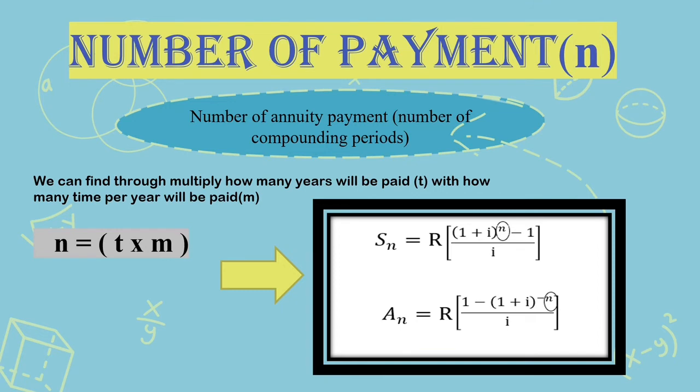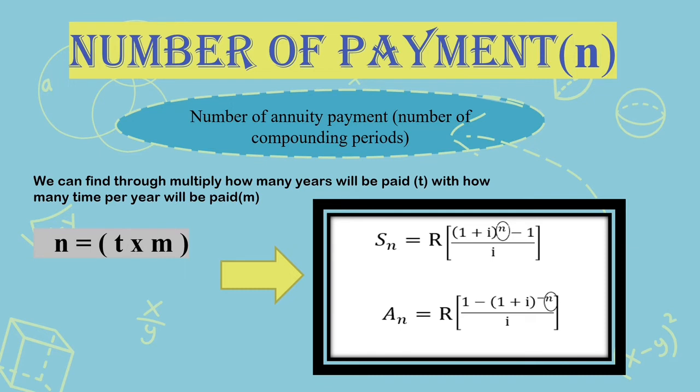You can find it by multiplying how many years will be paid, which is T, with how many times per year will be paid, which is M. So this is the formula to find N, the number of payments: N equals T multiplied by M. T is how many years will be paid. M is how many times per year will be paid.